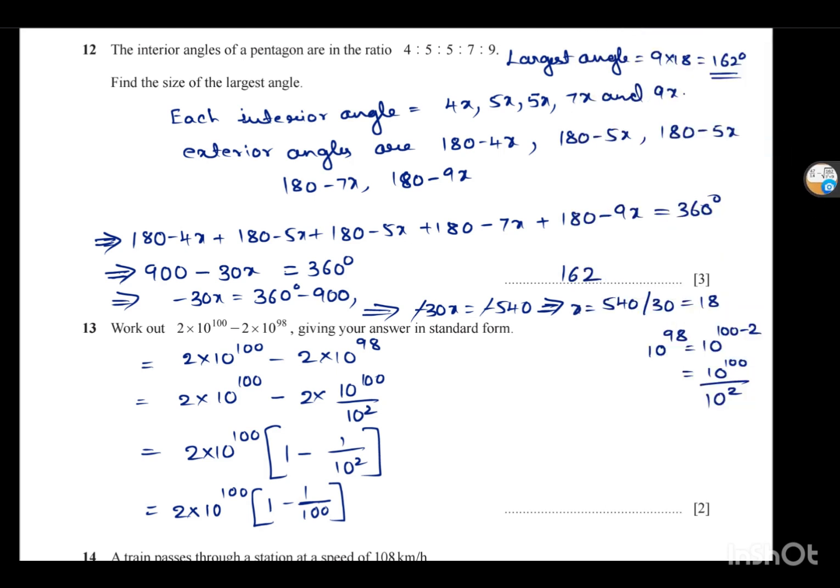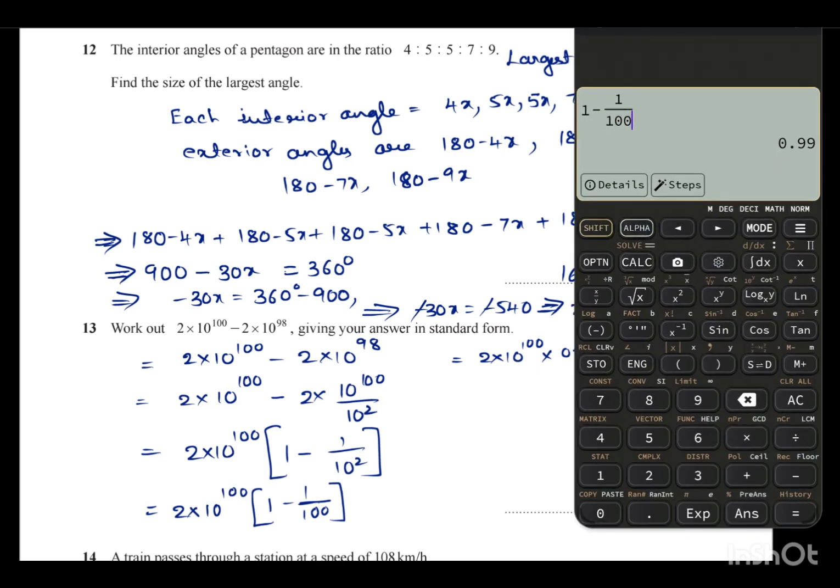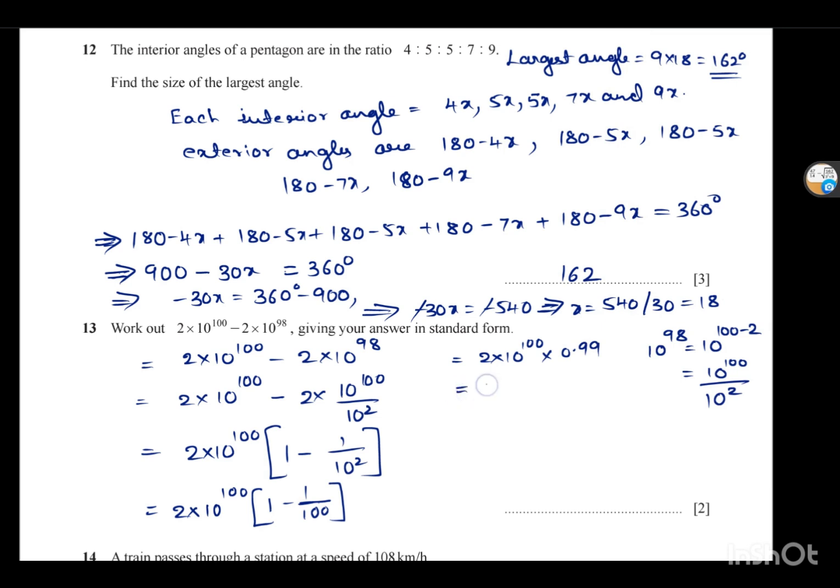So next write down 2 into 10 raised to 100 into 0.99. Now what is 0.99 into 2? 1.98. So 1.98 into 10 raised to 100 is the answer.